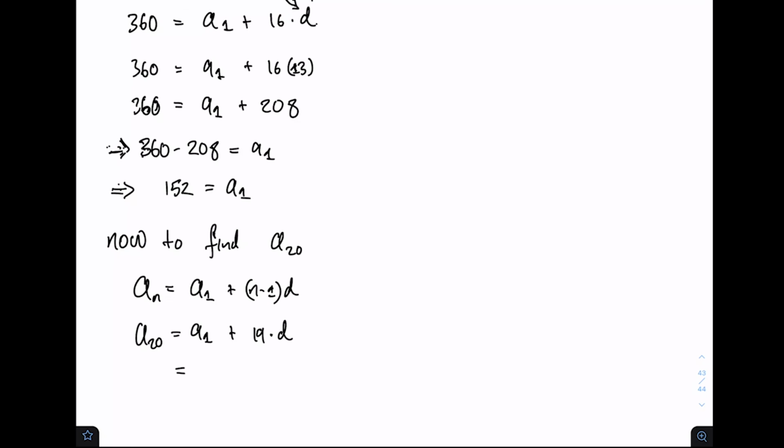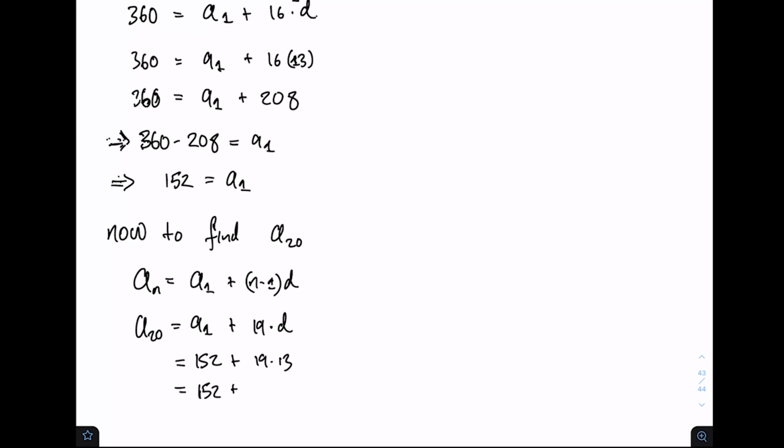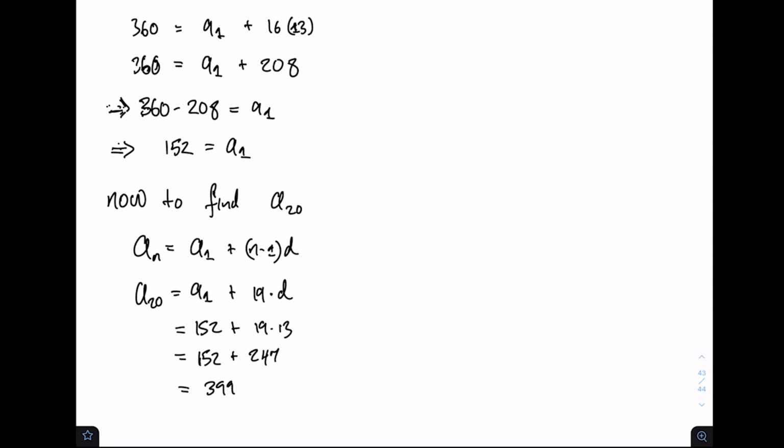I plug in what we know: the first term is 152 plus 19 times 13. 19 times 13 equals 247, so I have 152 plus 247. Adding on my calculator, 247 plus 152, I end up with 399. This is a typical example where we use the information to form a simultaneous equation system and find a further term of an arithmetic progression.